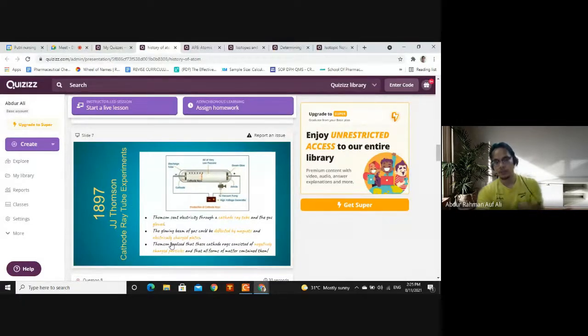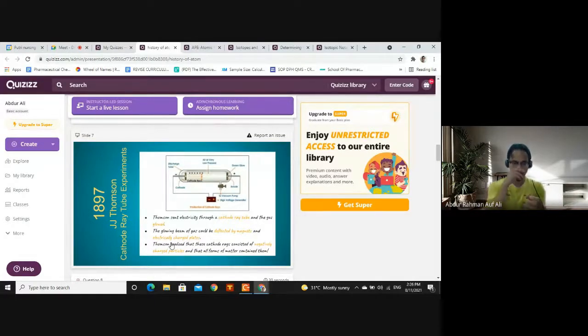So up until Democritus earlier and John Dalton, they only put forward an idea of what an atom is. They said the atom cannot be split, indestructible, indivisible. Those were the terms they used to describe an atom.